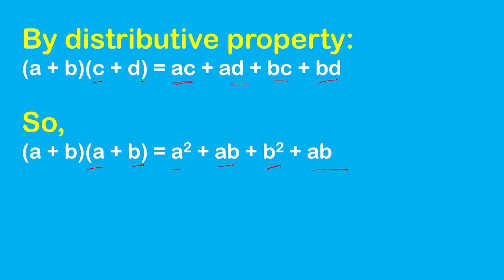Let's see. ac: here c we have written as a, so we'll get a square. ad: here d we have written as b, so ab. It's the same thing for bc and bd. We will get ab and b square. And now you know how we can multiply two expressions using the distributive property, and how we get a square plus ab plus b square plus ab from (a plus b) into (a plus b).